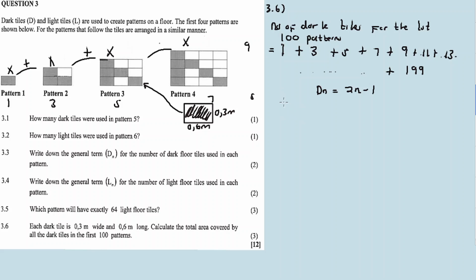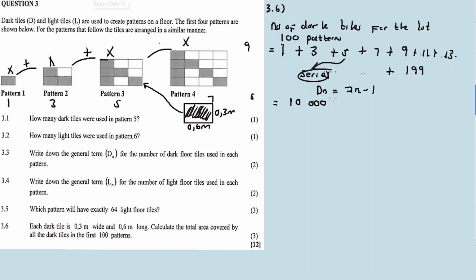But before recording, I went through this question first, and I added all these numbers and found that it gives me 10,000. But I used a grade 12 formula, right? This type of pattern is actually what we call an arithmetic series.